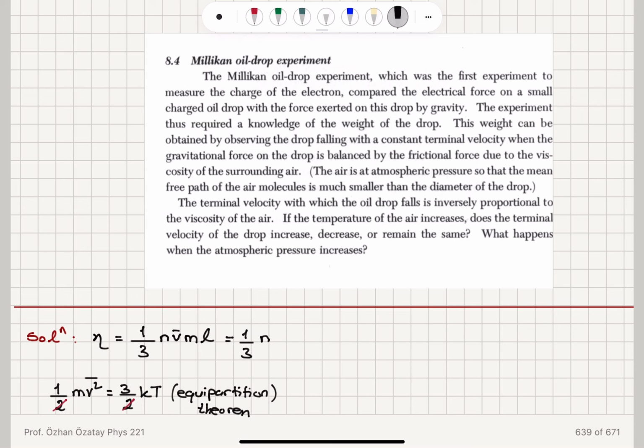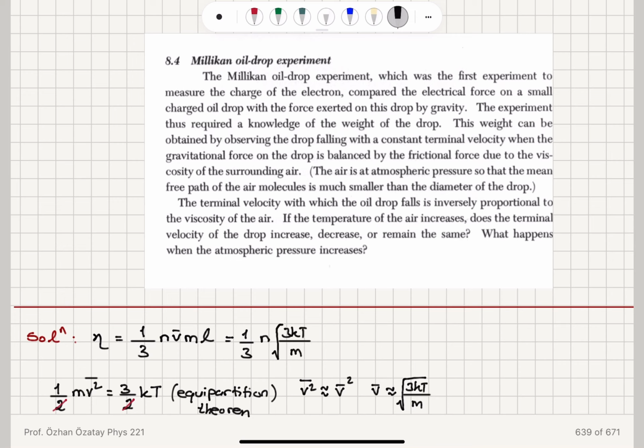So if we consider V square bar to be approximately equal to V bar square, then we can say that V bar is approximately the square root of 3 kT over m. So that's what I'm going to substitute here for V bar.